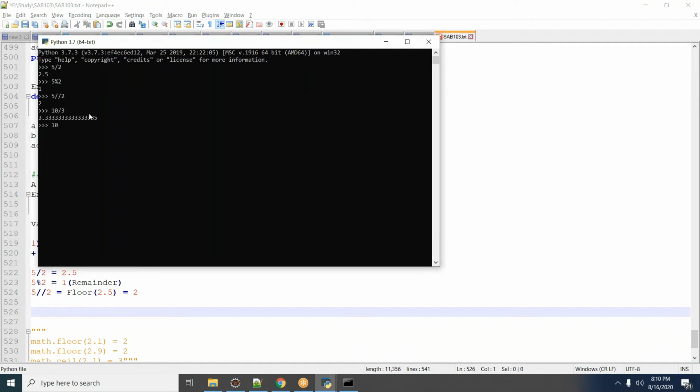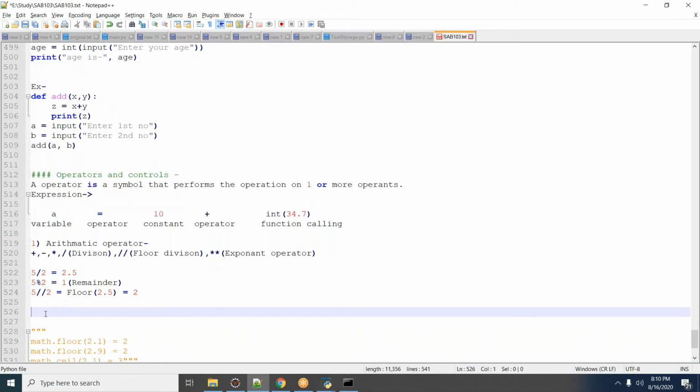If I use 10 modulus 3, output will be 1, because the remainder is 1. If I use 10 floor division 3, the output will be 3. It means the floor of 3.333, which is 3. So this is the same as we have here.